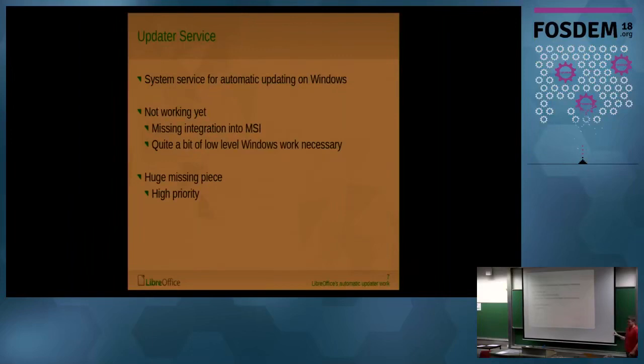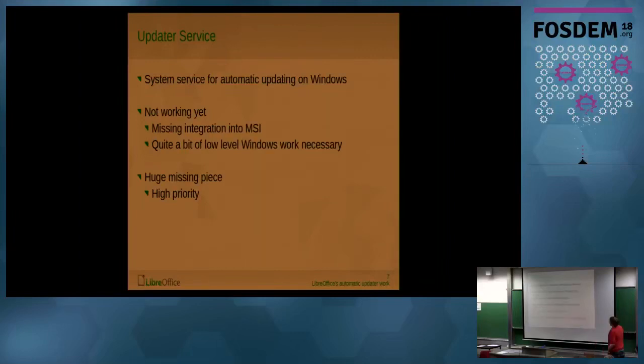Mozilla does not ship MSI files, so there's still a lot to do to integrate this updater service with our MSI process, with our MSI generation. Yeah, that's one of the main blocking things that prevented me from even trying to get it into 6.0.